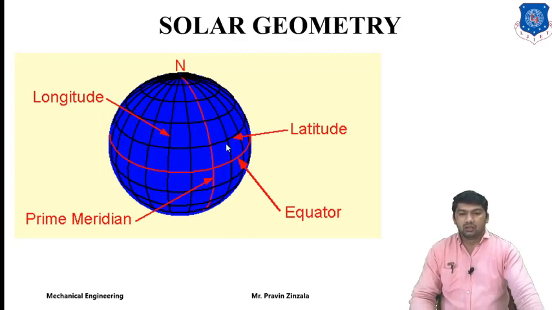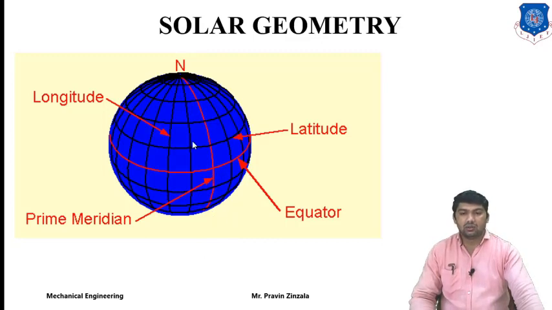The distance with respect to the equator is called latitude. Latitude given with respect to the north means a position above the equator. If the location is given with respect to the south, the location is below the equator.